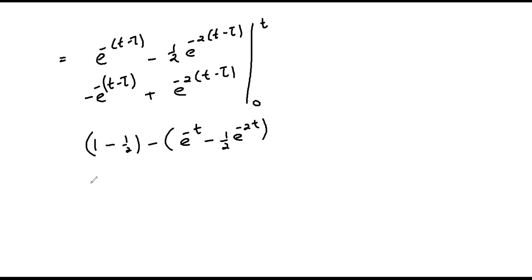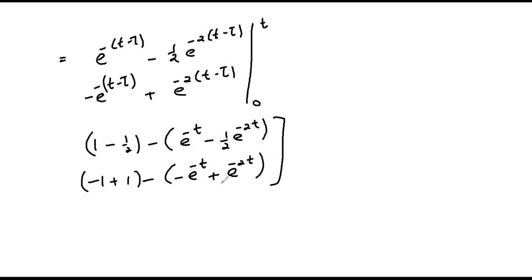Then these terms will be negative 1 when tau is t, and then plus, when tau is t, again this will be 1, minus, when tau is 0, we'll have a negative exponential negative t plus exponential negative 2t.